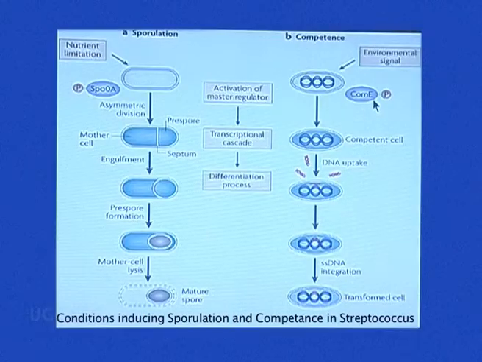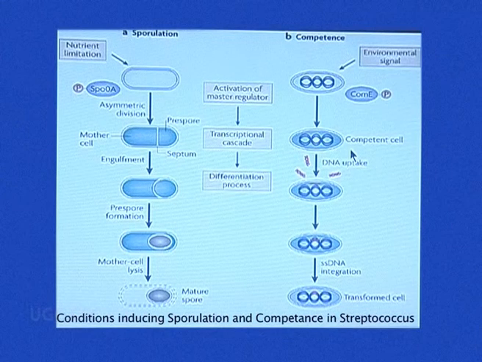But at the same time, this bacteria is exhibiting competence with the comE gene. And what is competence? Competence will ensure that this bacteria will take up foreign DNA and will modify themselves. So this is how it takes up the foreign DNA and gets transformed.